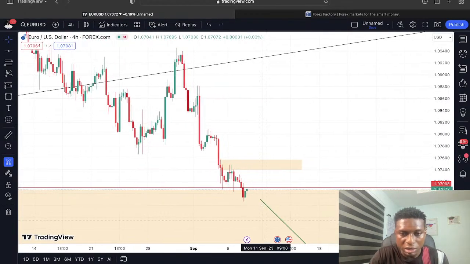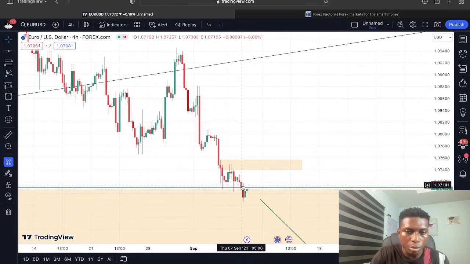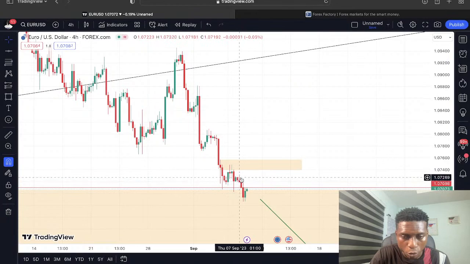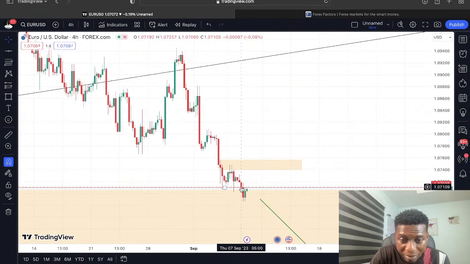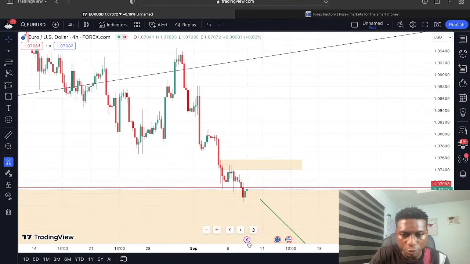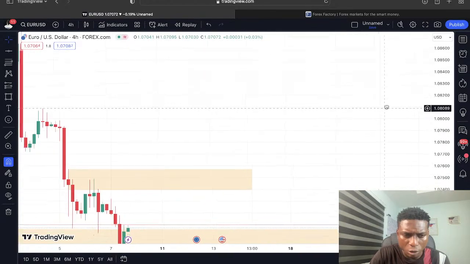All right, you can see that all throughout today we had a bearish downpour. Okay, and of course you can see how price had rallied at this level before breaking out of this minor consolidation. Okay, if you zoom in, I'm going to do something now.